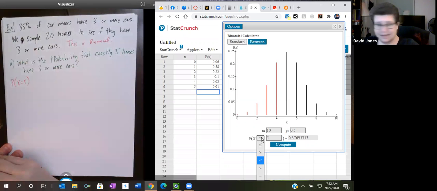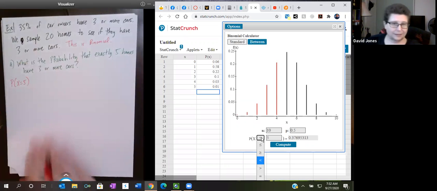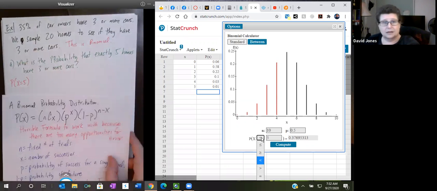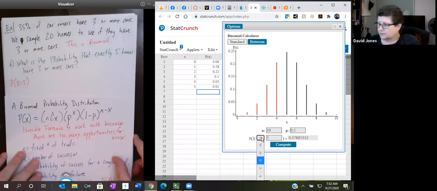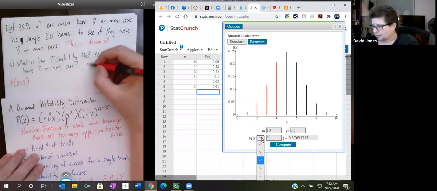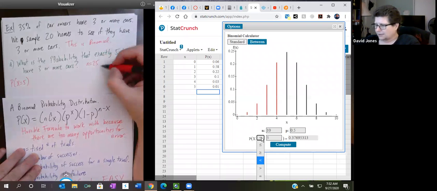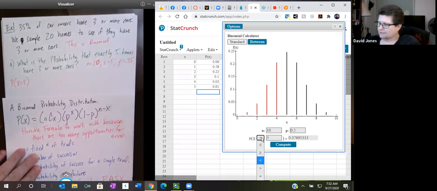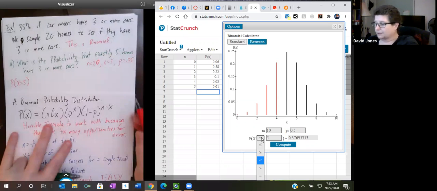And in that formula, that horrid formula, let's put it back up on the screen. I've got n equals 20, x equals 5, that's what I'm going for, and the probability is 0.35, 35% as written as that, and we're going to just put it in here.